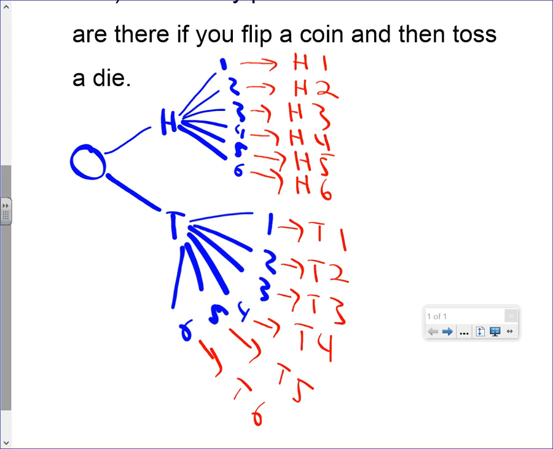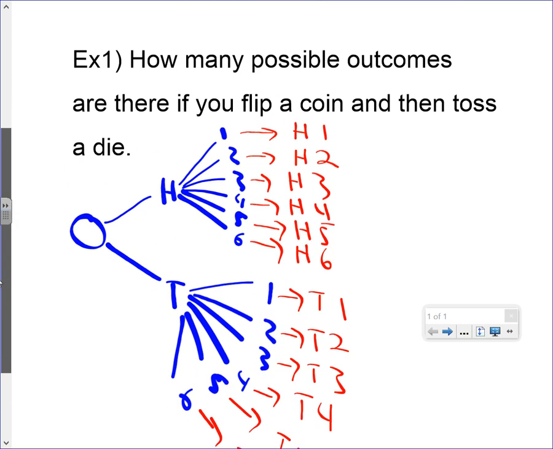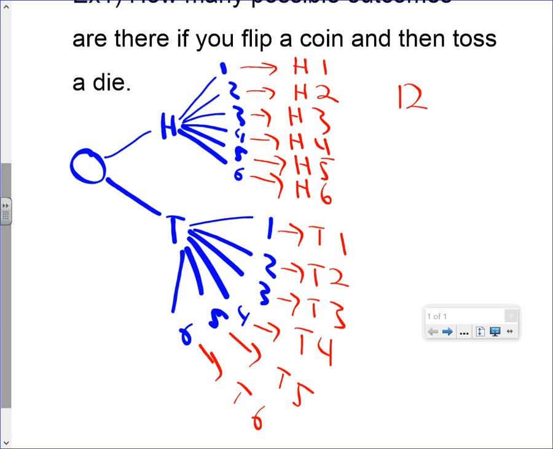Notice that. So here we go. The question is, how many possible outcomes are there if you flip a coin and then toss a die? The answer is 12 possible outcomes. That's the answer.